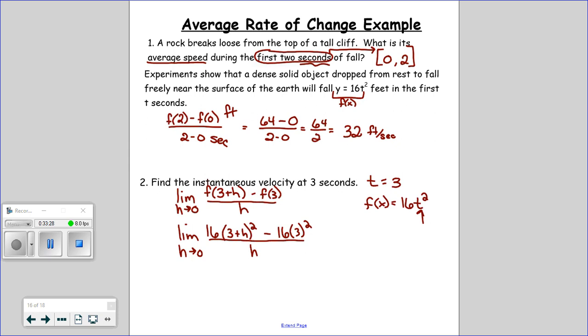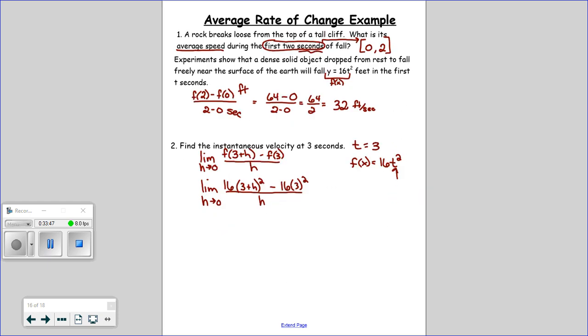Now, this takes a little bit of cleaning up. Remember that if I've got a binomial squared, I have to FOIL that, right? So it's going to get a little uglier before it gets prettier. Ultimately, I cannot do direct substitution right now, so that's why I'm going to clean this up and then do direct substitution when I finally am able to simplify that h out of the bottom of my fraction. Takes me just a couple steps here.